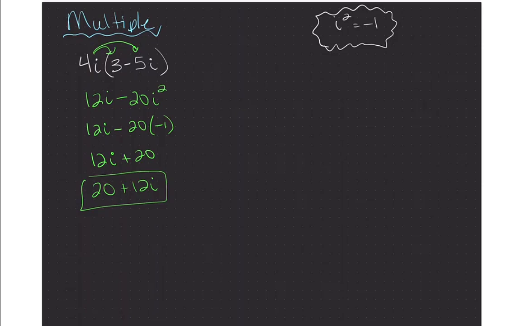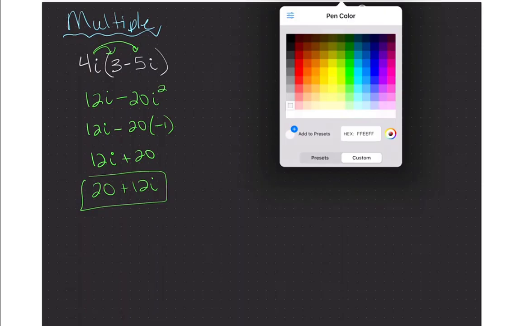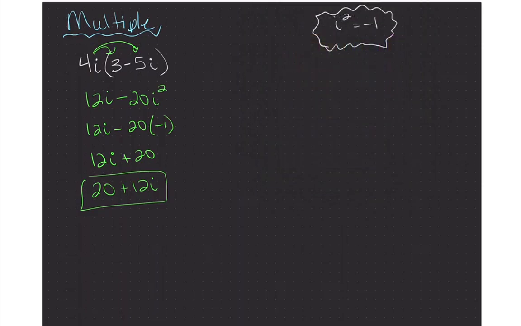All right. We're going to spice it up a little. Now we're going to multiply two complex numbers together. So let's say we have 7 minus 3i times, let's go -2 minus 5i, right?